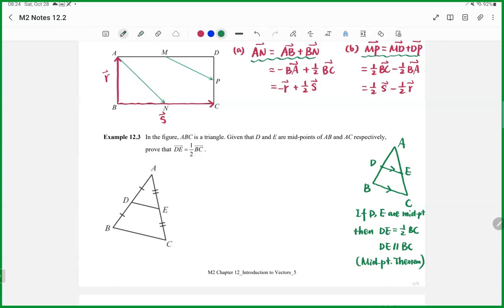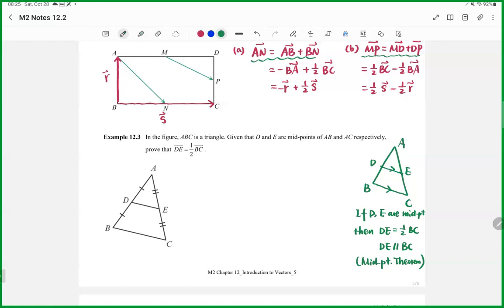Okay, and if you use this theorem, of course, because they are parallel, one equals the other times lambda, and also because the length ratio is 1 to 2, one equals 1 over 2 times the other one. But that's not the intention.